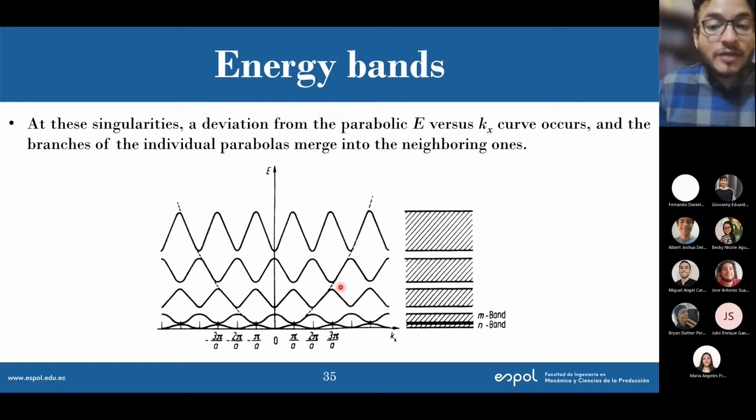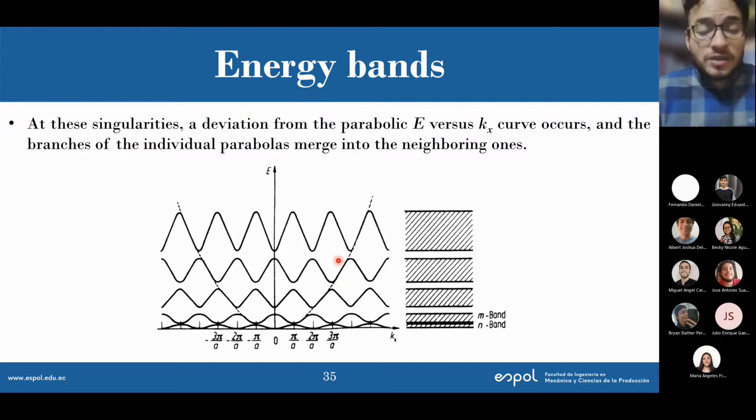Those spaces are when the electron is approaching a multiple of pi over a. So when the k value is around pi over a, or a multiple of pi over a, the energy continuum is broken. The electron doesn't behave as a free electron anymore, but it's just around that space, and then it comes back.